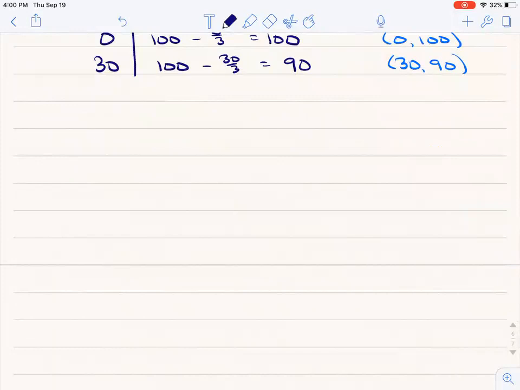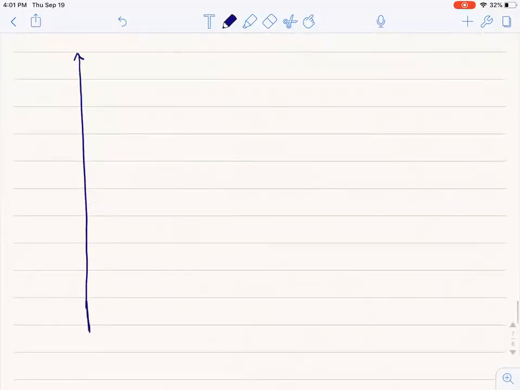Well, I've got a page break here. What do I do now? No, that's not going to work. I want my graph all on the same page, so I'll start here. 1, 2, 3, 4, 5, 6, 7, 8. Go like that.